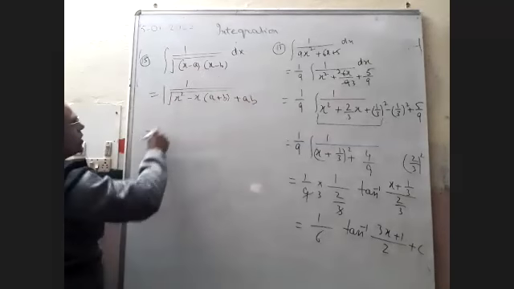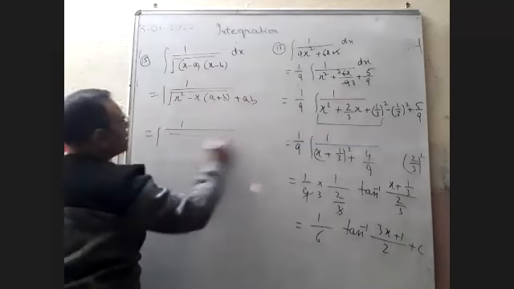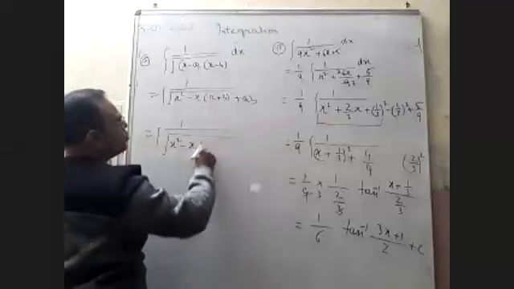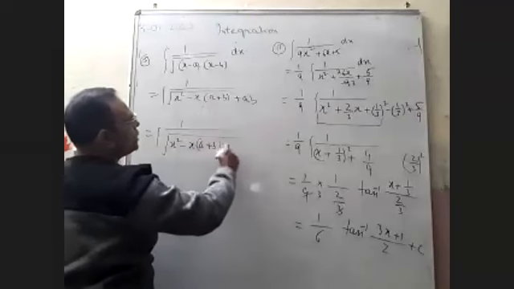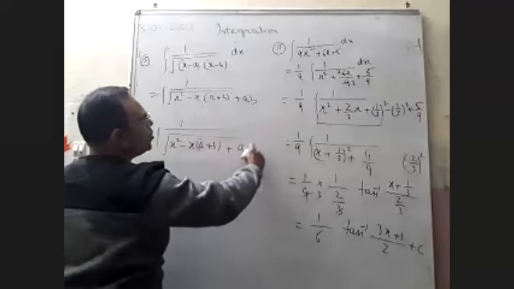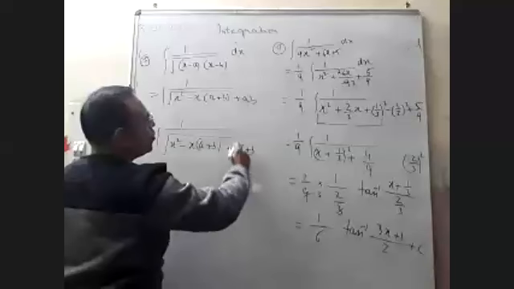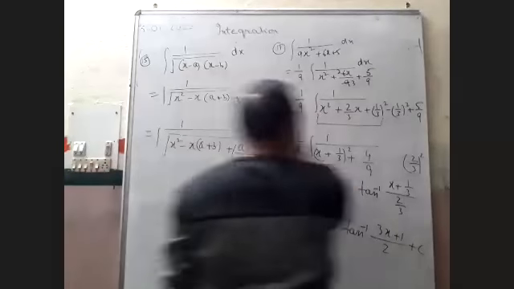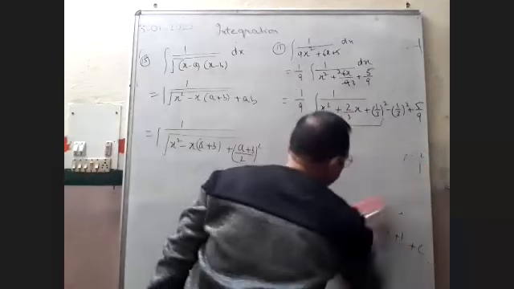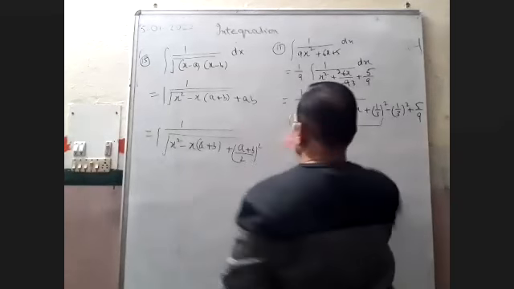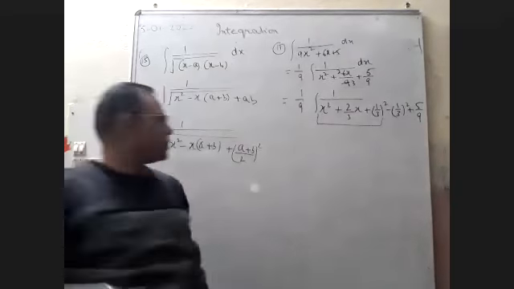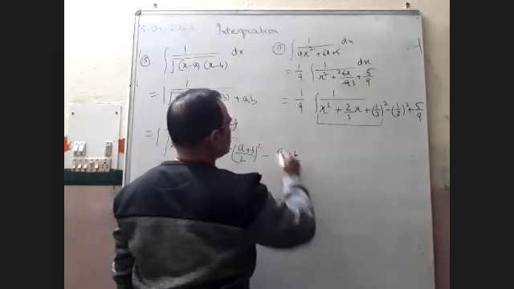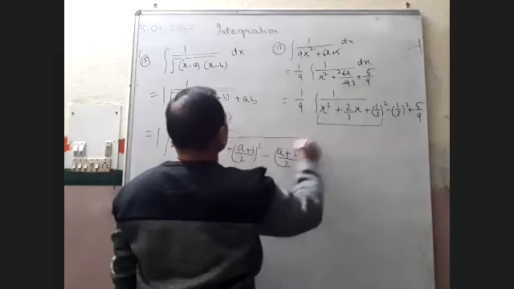As I have told you here, you have to make the complete square by dividing the coefficient of x by 2. You will get a plus b. You have to divide by 2, add a plus b upon 2 whole square and subtract also a plus b upon 2 whole square. But ab is also here as some term.